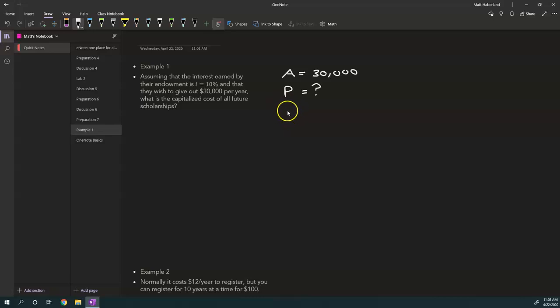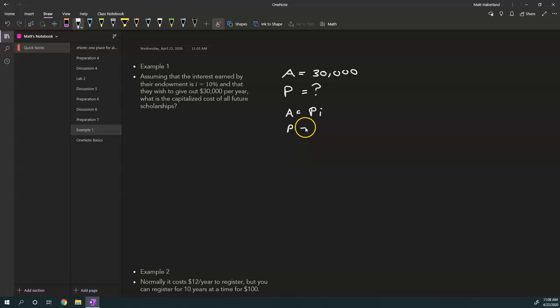So we know, though, that the annuity that they want to take out is whatever the principal is times whatever their interest rate is. And their interest rate is 10% per year. So we can find out what the principal is just by solving this equation.